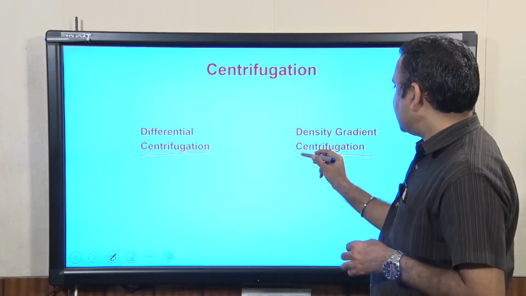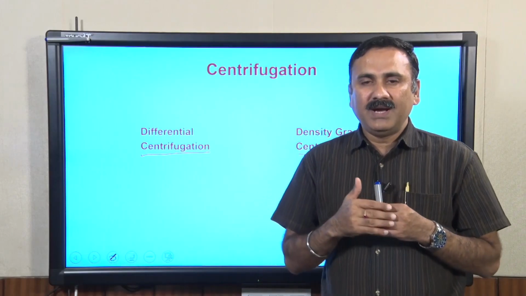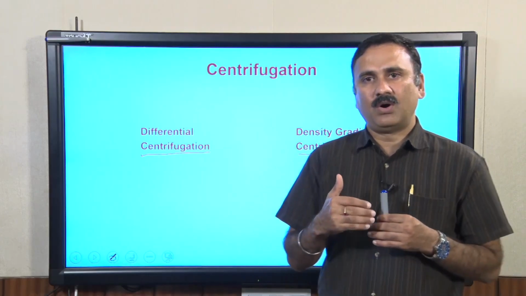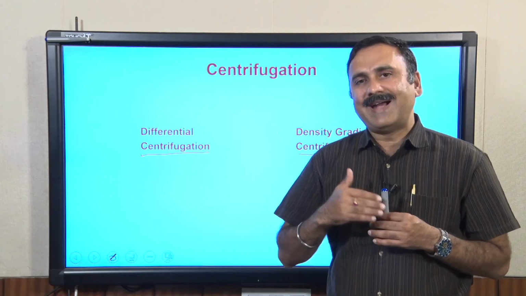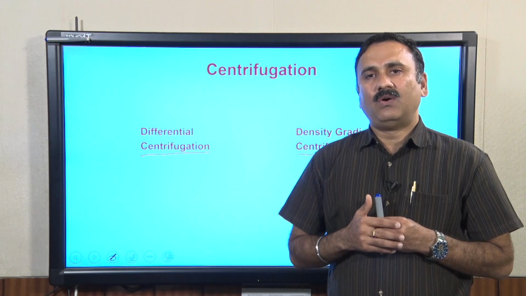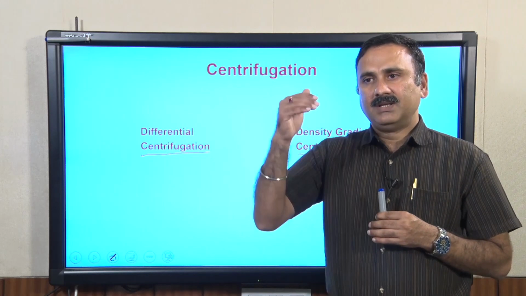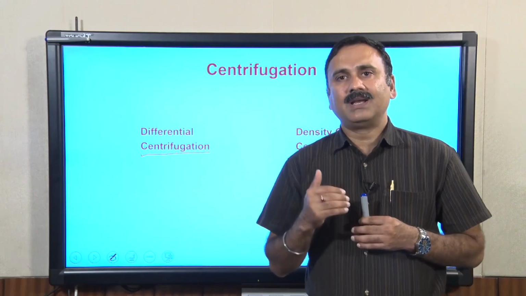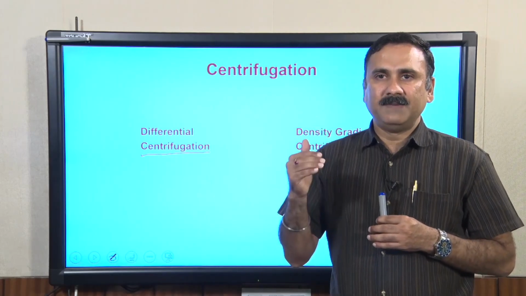Whereas in the case of density gradient centrifugation, you exploit the density of a particular solvent system or buffer. You vary the density of the external buffer, and because of that, the biomolecules or organelles get separated because they have varying densities.